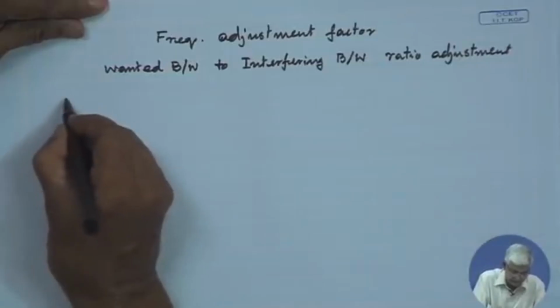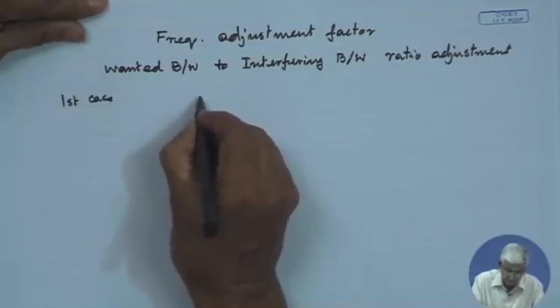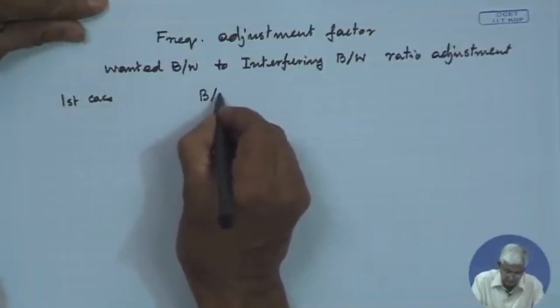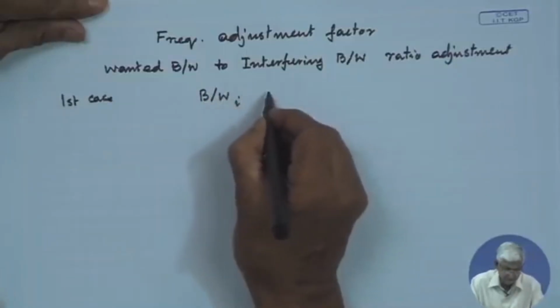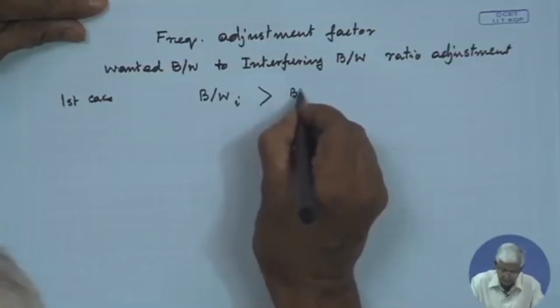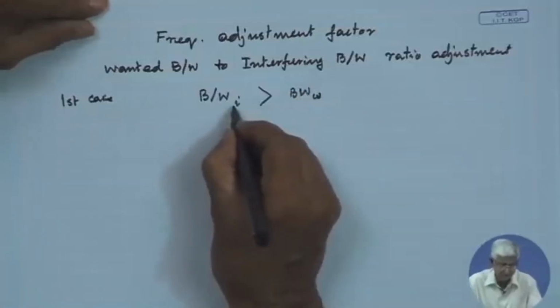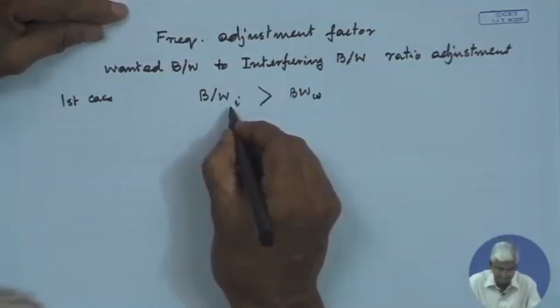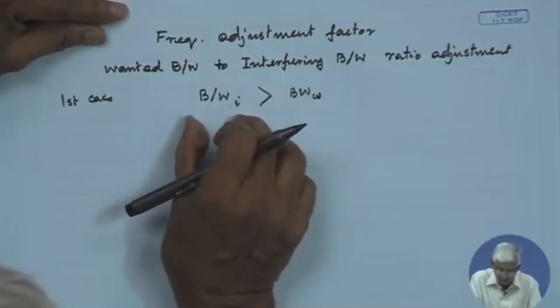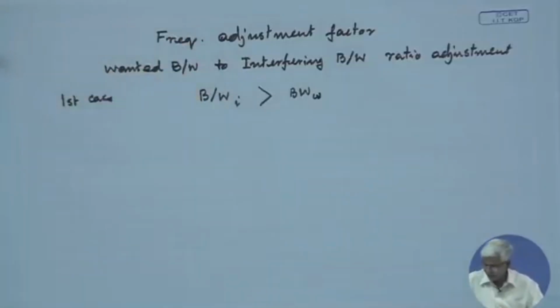So, let us take a first case, where the bandwidth which is interfering is larger than the bandwidth which is wanted. This W stands for wanted, I for interference. So, this is larger and it may fully overlap on that. Let us draw it.